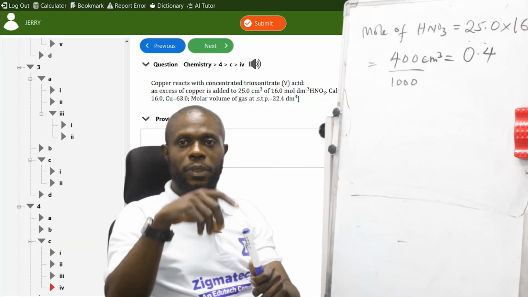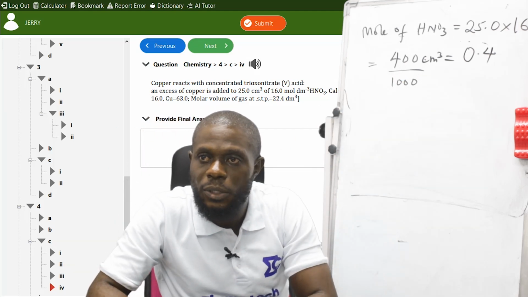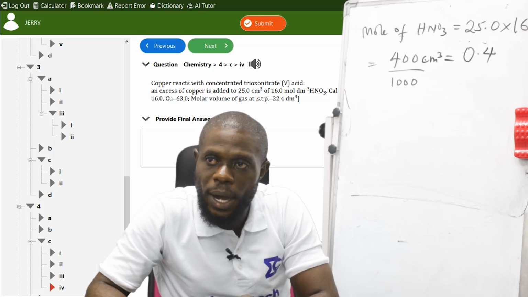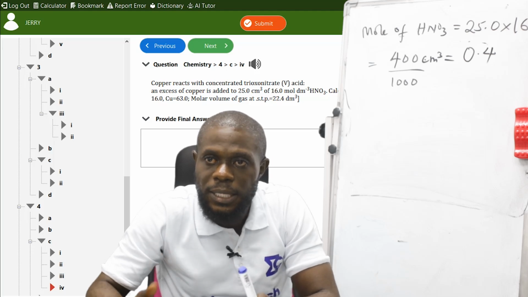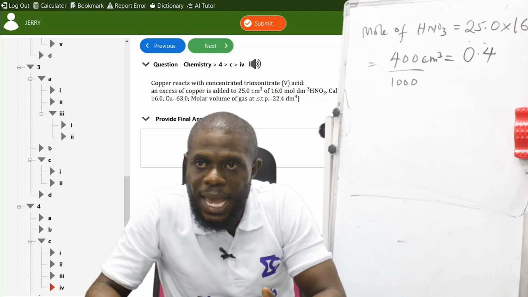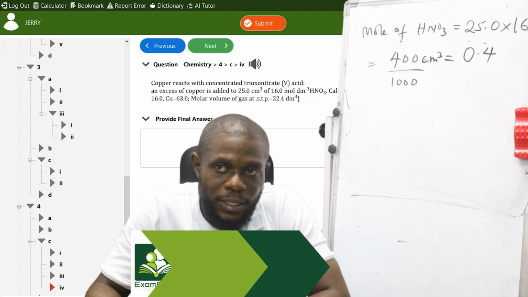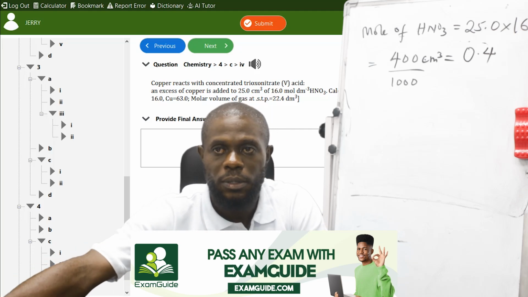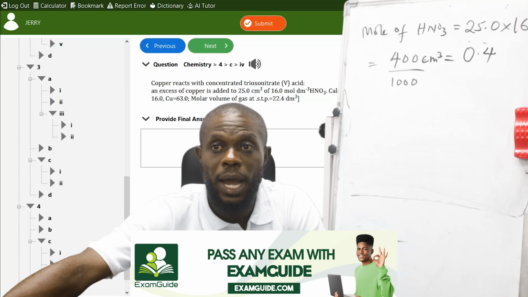All right? Now, they say copper reacts with this. To calculate the volume of the gas at STP, H is 1, N is 14, and O is 16. So getting this, excess copper is added to concentrated trioxonitrate.